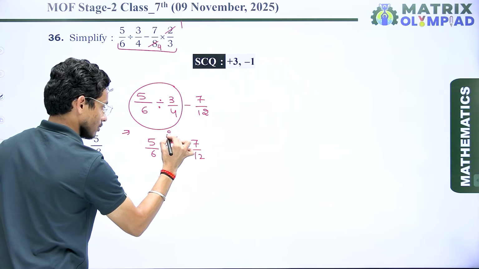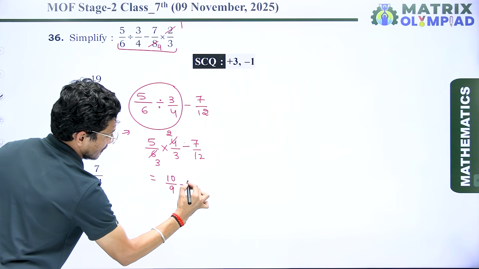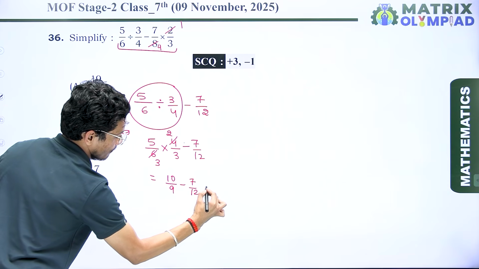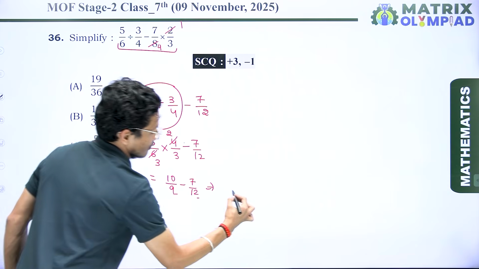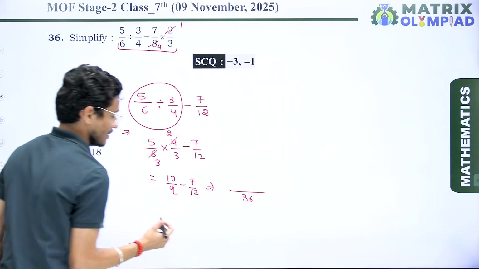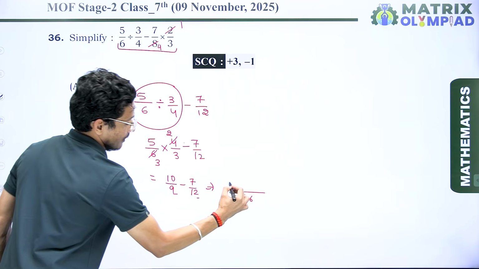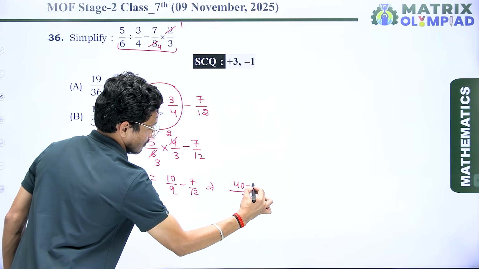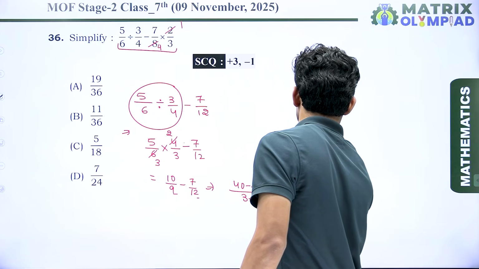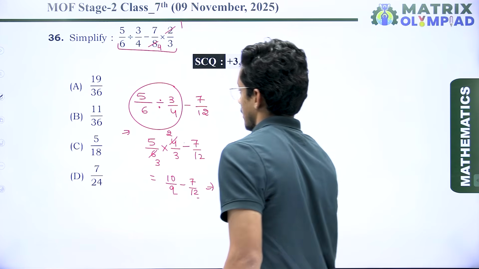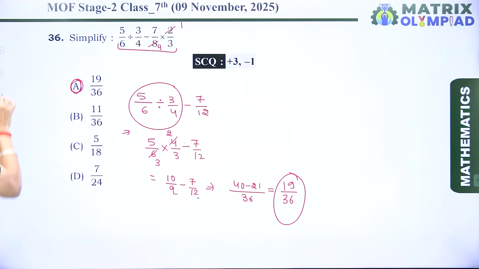So 10/9 minus 7/12. When we take the LCM of 12 and 9, we get 36. So 4 multiply 10 minus 3 multiply 7, that is 40 minus 21. Here we get 19/36. So 19/36 means option A is the correct answer over here.